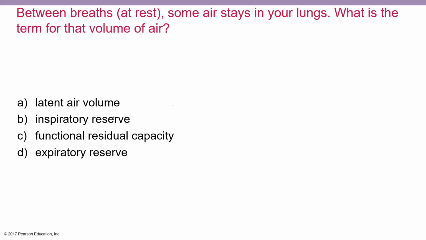So there's never a complete emptying of the lungs. The functional residual capacity is the combined volume left in your lungs. It's actually made up of two other volumes, which we'll talk about the next time we meet, but it's all the air left in your lungs at the end of a quiet breath. Okay, let's look at another one. The answer here was C.